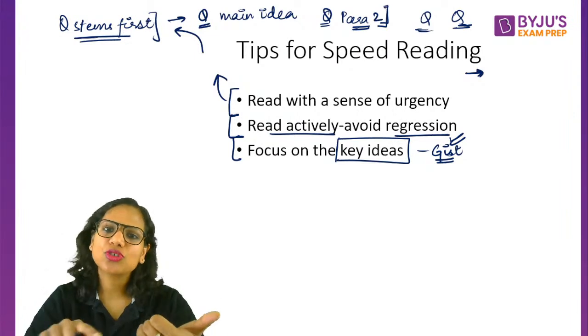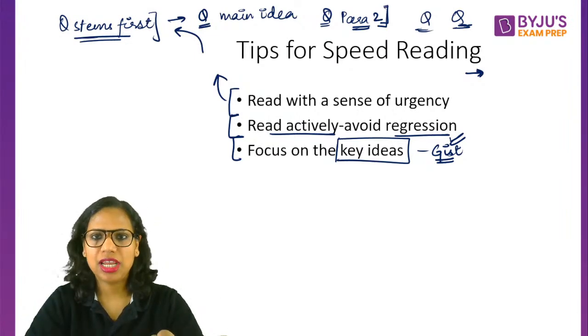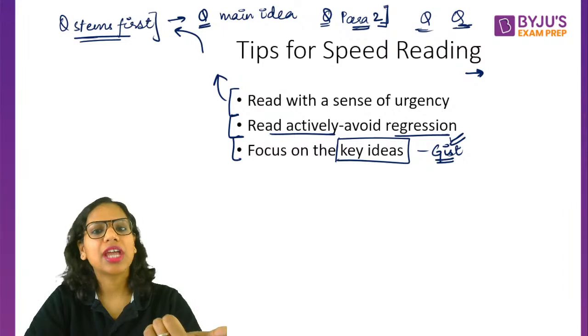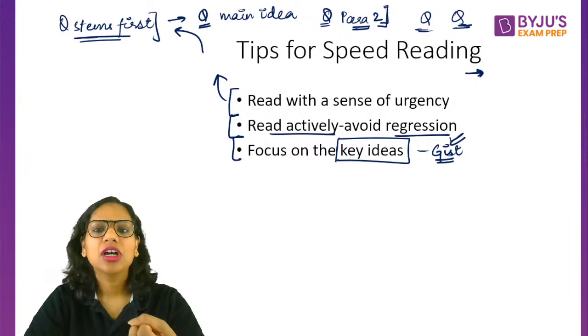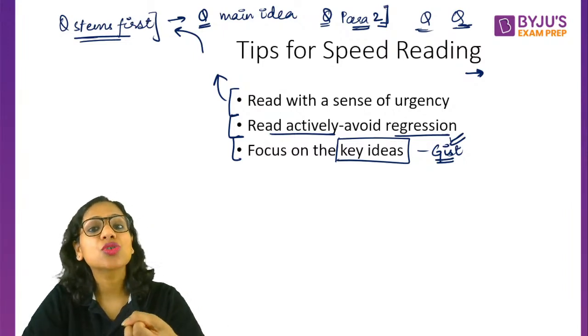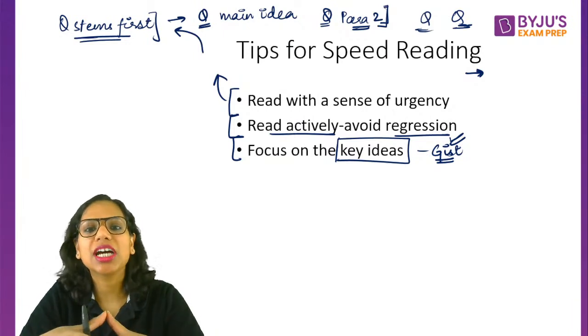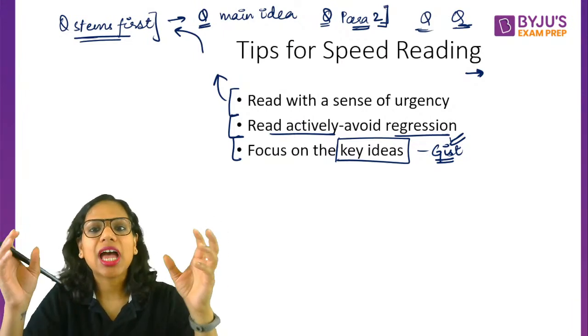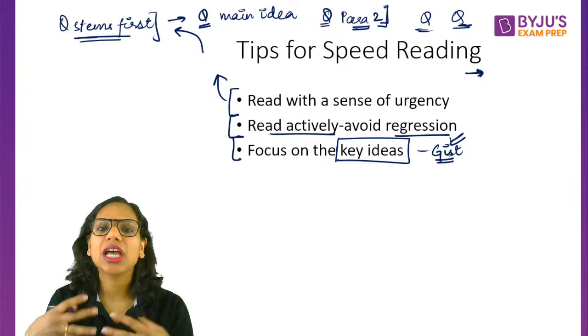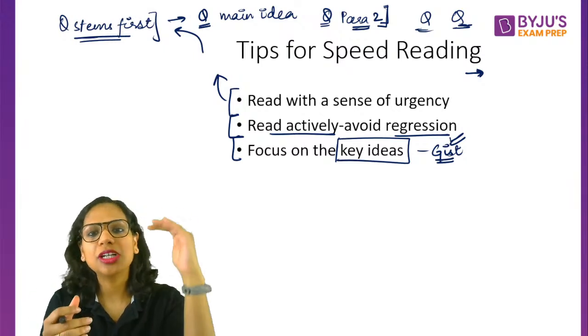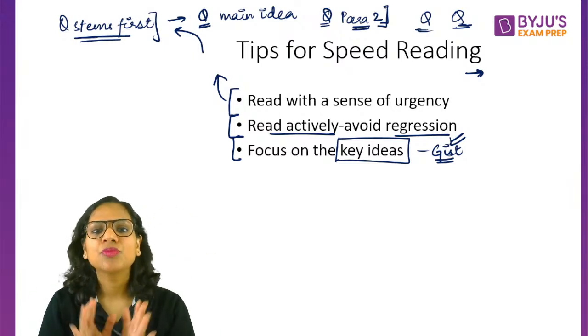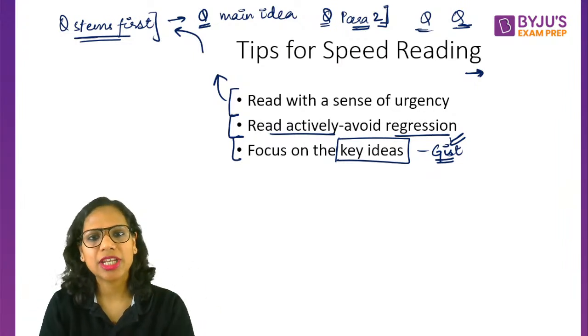One of those sessions is on comprehension. It will probably be called Score 99 Percentile in CAT or VRC Score Booster. Most probably it will be called VRC Score Booster. There I explained in a lot of detail how to enhance your comprehension, how to build comprehension first of all. So watch that session. If there are still any queries, then you can come back.